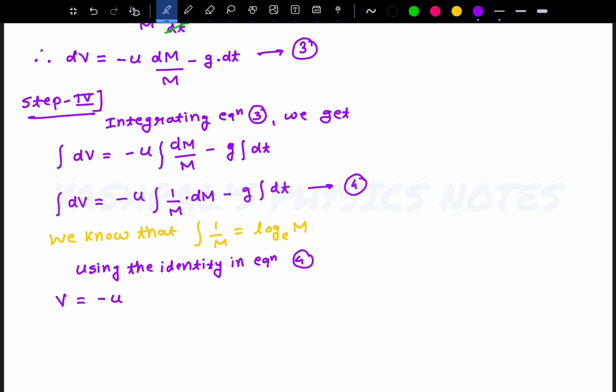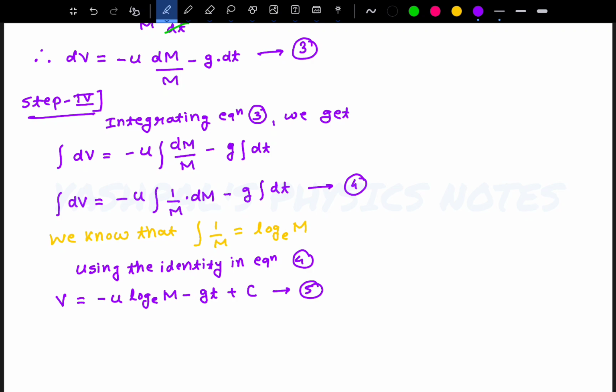Here integration of 1 by m is log to the base e m. Here integration of dt is t, so g as it is, and integration of dt is t, and here I am writing the constant of integration. So give this as equation number 5.